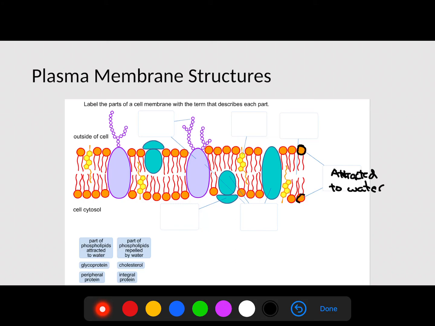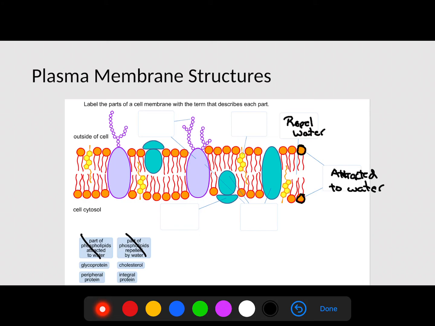Remember it's a bilayer, so it's on both sides. Let's also look for the part that's going to repel water. That would be the tails, and those repel water, which is why they are associated on the inside. So we got those two finished. We also have glycoproteins, cholesterols, peripheral proteins, and integral proteins.